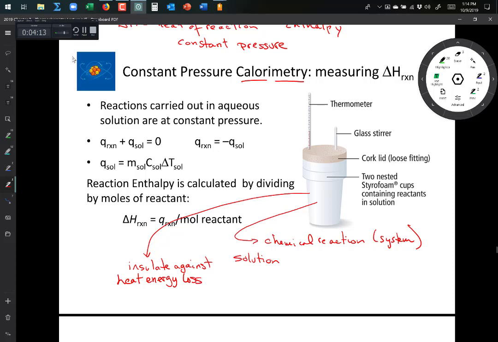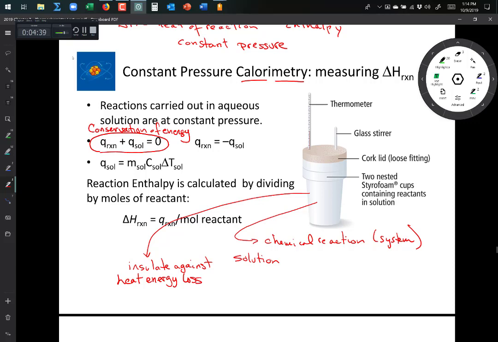So what we're going to assume is that energy is conserved. This is conservation of energy. The law of conservation of energy says heat is neither lost nor gained in a chemical reaction, or any process, really.